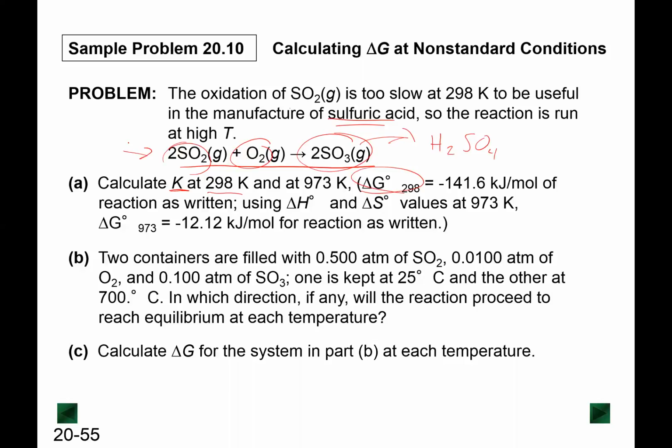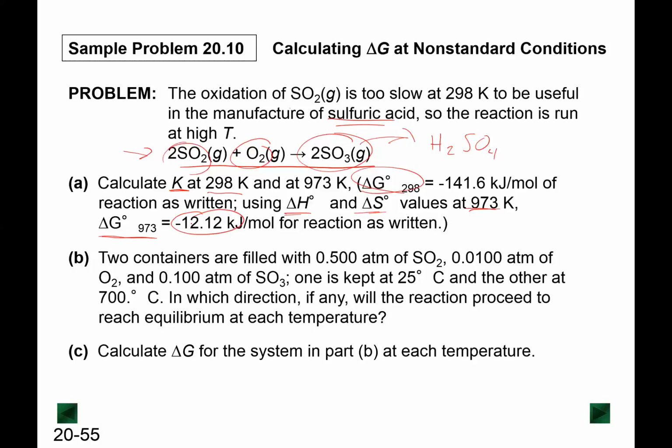And then, using enthalpy and entropy values at 973, a standard free energy change has been calculated at that temperature of 973, which is minus 12.12 kilojoules per mole of this reaction.